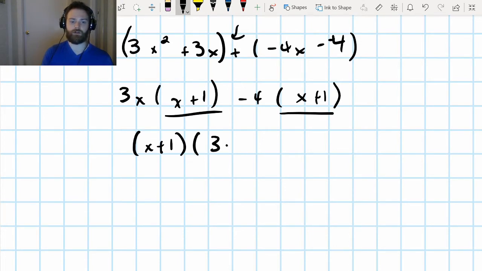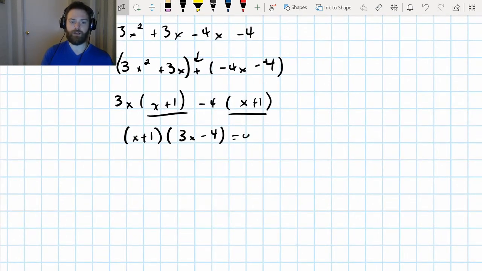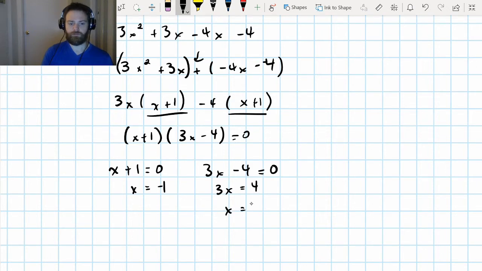Then over here, 3x minus 4. And then if I want to, I can take that a step further and I can find the roots, and I can find where this thing hits the x-axis, set each factor equal to 0. And then x equals negative 1 and 4/3.